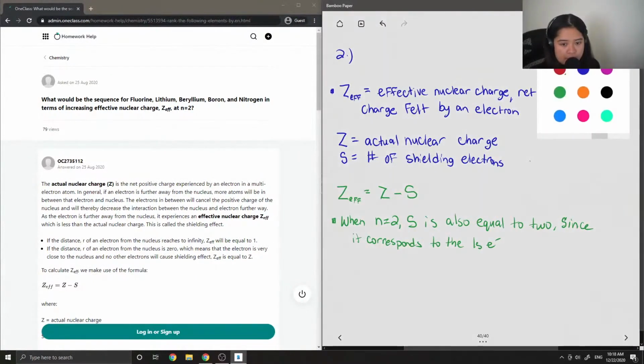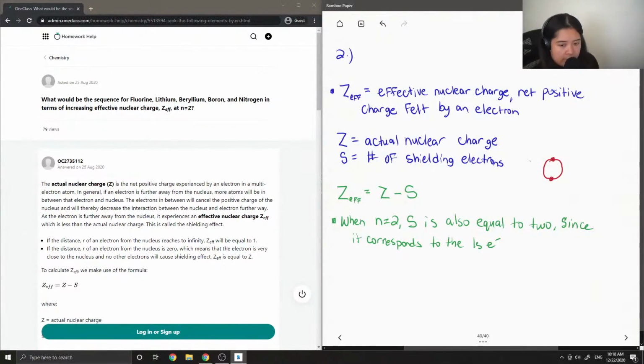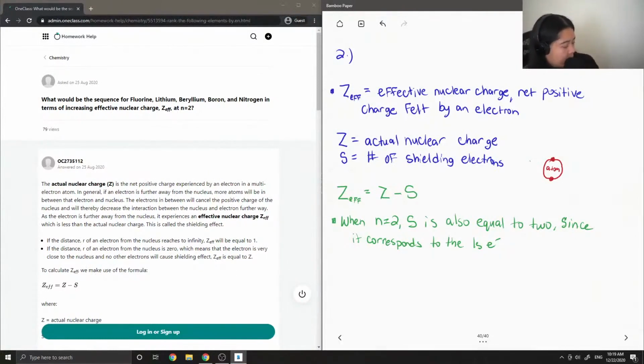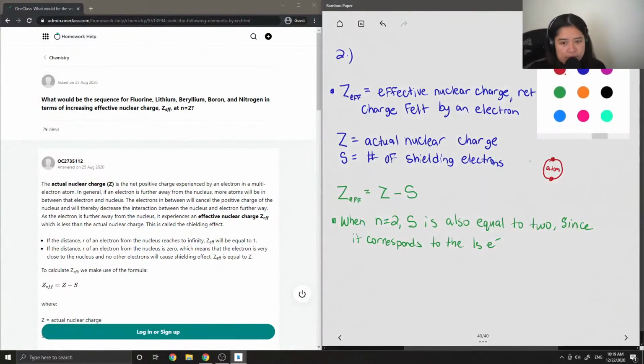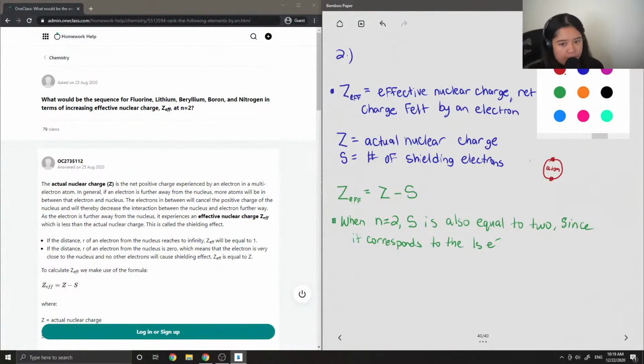Okay, so let's pretend we had an atom, and then those are our 2 electrons. So basically we just need to look at all of the other Z nuclear charge values of fluorine, lithium, beryllium, boron, and nitrogen.